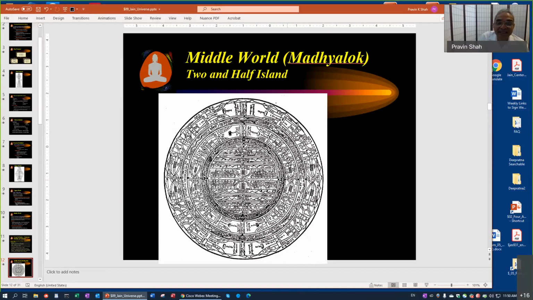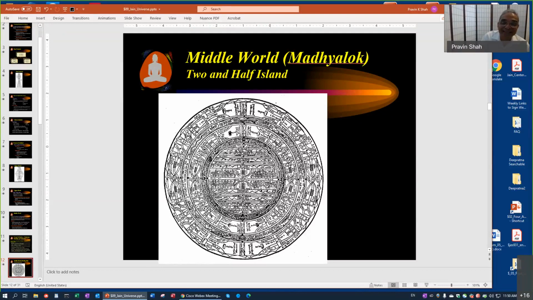Also on the west side, there is a small circle, that is a Mount Meru. Surrounding Mount Meru is the Jambu Dweep. If you observe properly, it is like this.